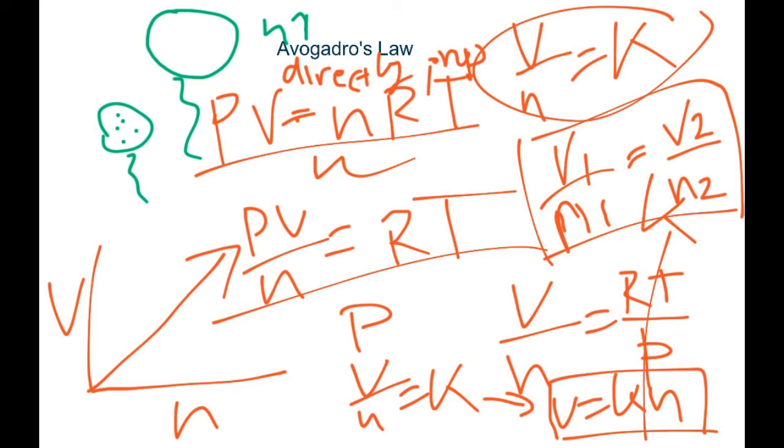For a certain pressure and temperature, which will stay constant, so P and T stay constant, if we increase the amount of gas, then the volume will naturally increase. You can think of it as putting more gas in, and if there's more gas, then there's more volume. And therefore, Avogadro's law also makes sense in the real world.